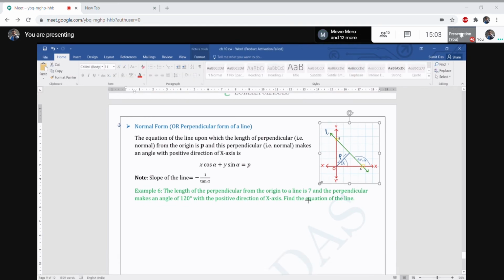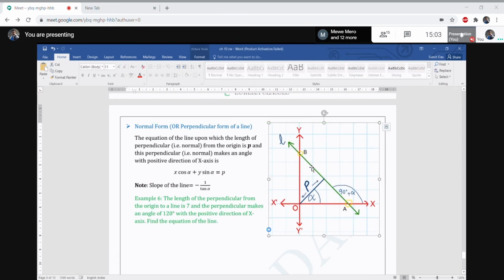Suppose this straight line L has a perpendicular distance from O. The length of the perpendicular from the origin, you can see the line P, the blue line. This is the perpendicular on the line L.